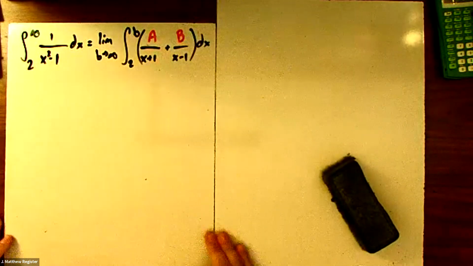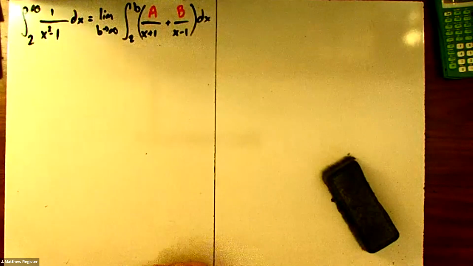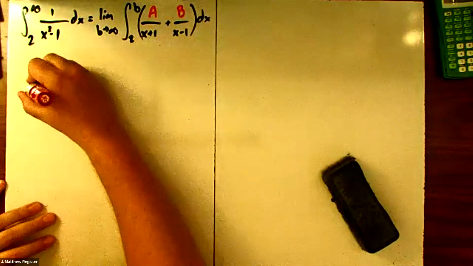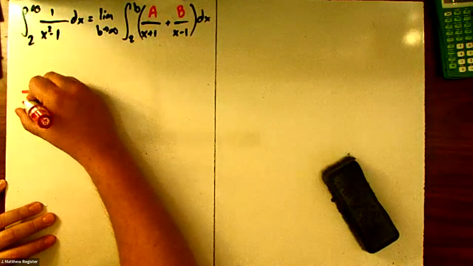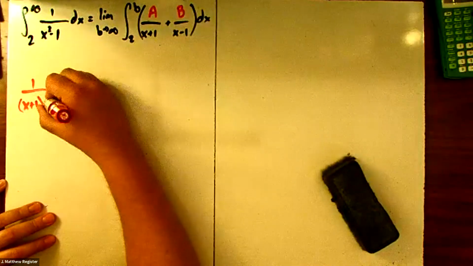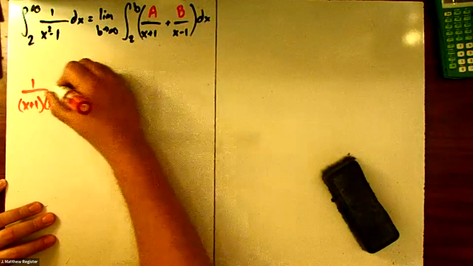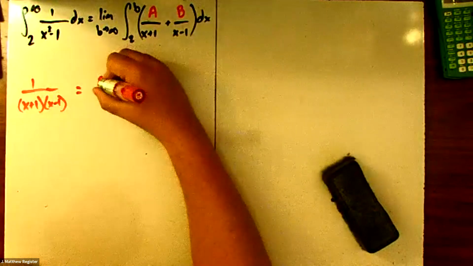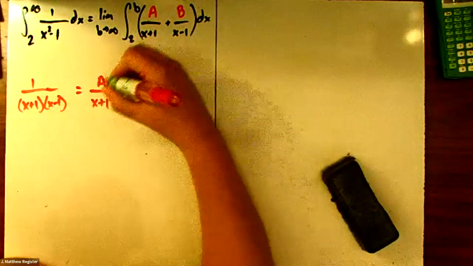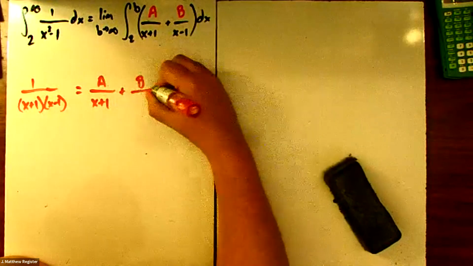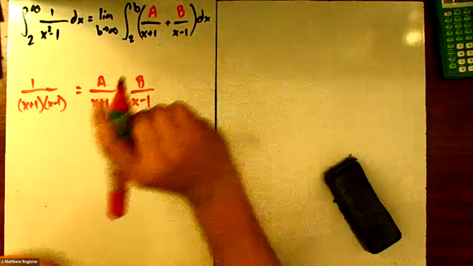And now we've got to figure out what A and B are. And so we know that 1 over x plus 1, x minus 1 needs to be equal to A over x plus 1 plus B over x minus 1.